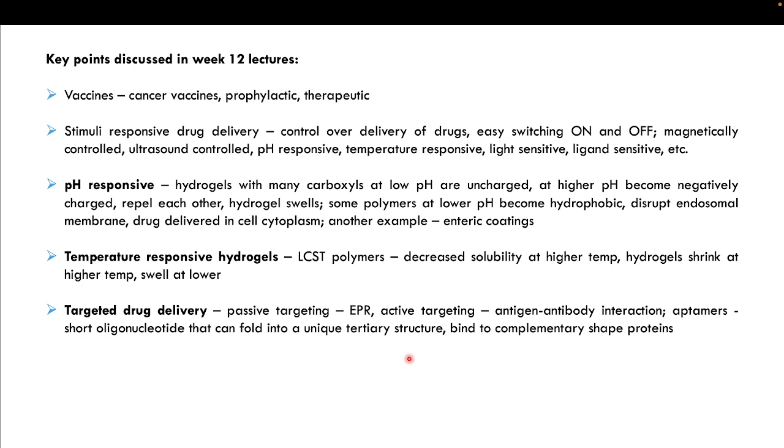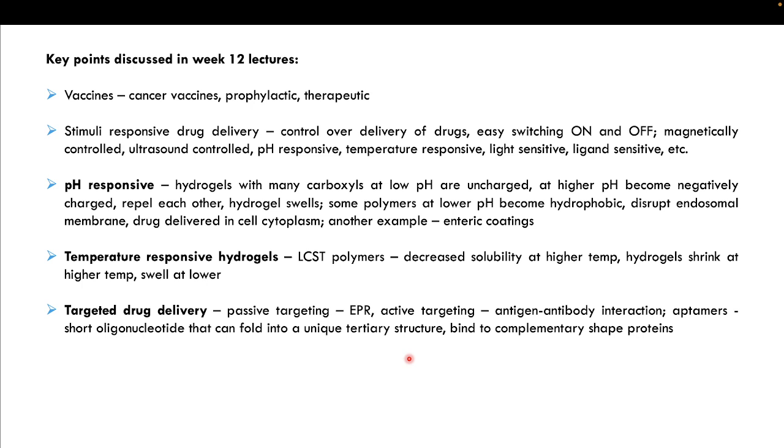So because I know what cancer cell these are, I also know some proteins that are displayed on these cancer cells, and I know the structure of these proteins. So what I can do is make my delivery system such that on the surface of these drug delivery particles, I attach certain antibodies which are complementary to the protein that is there on the cancer cell.